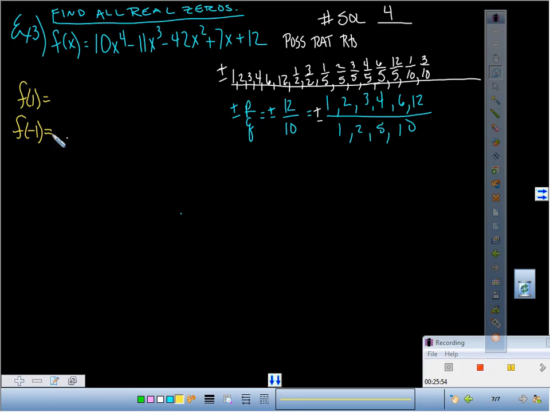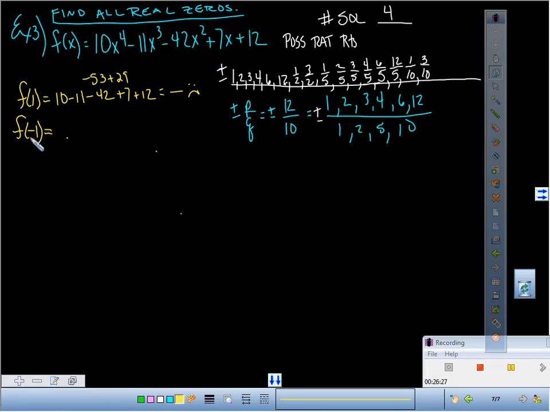Okay, so it's going to be 10 minus 11 minus 42 plus 7 plus 12. Well, the negatives make negative 53, and the positives aren't going to get there. So 17 and 12 make 29. Yeah, that's a negative number, so that one doesn't work.